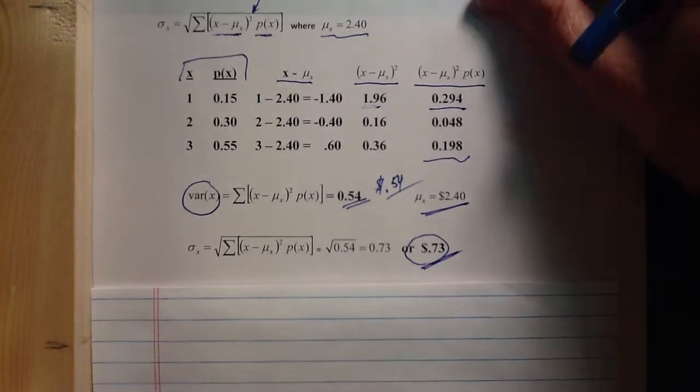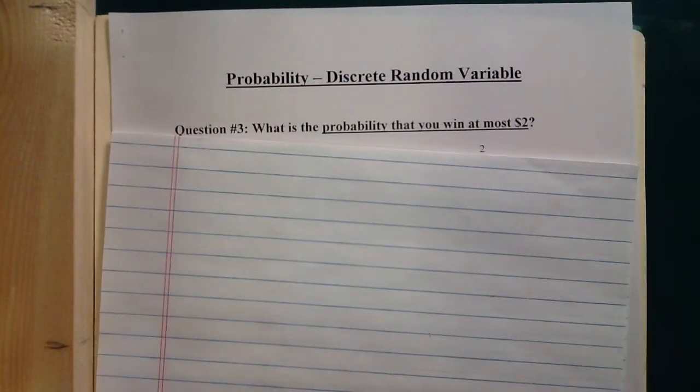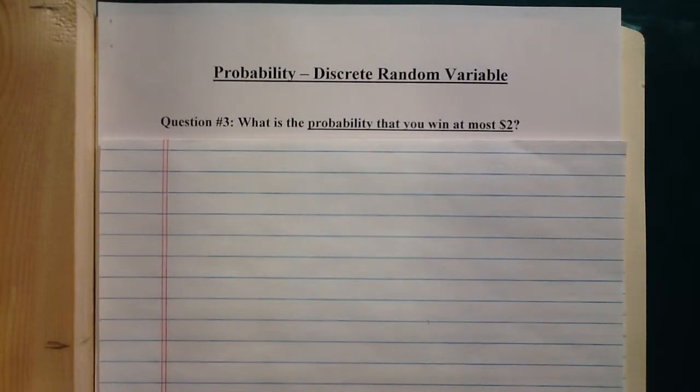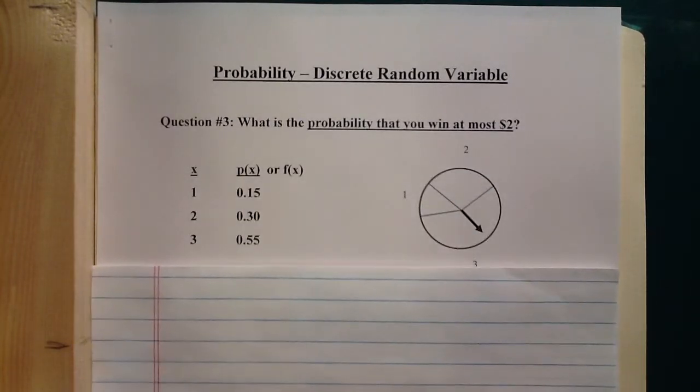Let's go on to question number 3, which would be our last question. And this question says, with the spinner, what's the probability that you win at most $2? So we have to take a look at our spinner again.